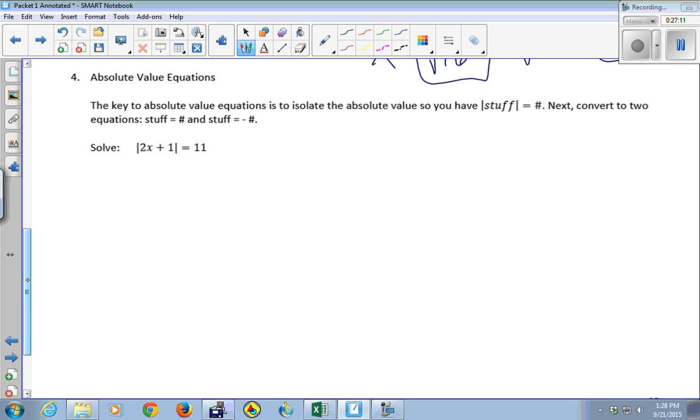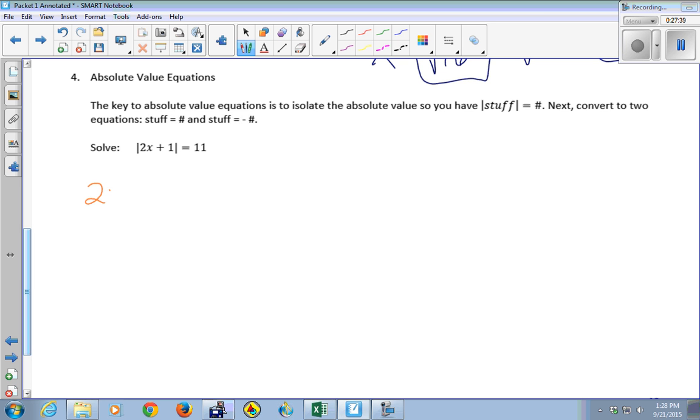All right, let's look at one more kind of equation, an absolute value equation. The key to solving an equation that has absolute value bars is to isolate the absolute value so that your equation looks like the absolute value of some stuff equals a number, and then convert to two equations. So if the absolute value of something is 11, then that something could be 11, right?